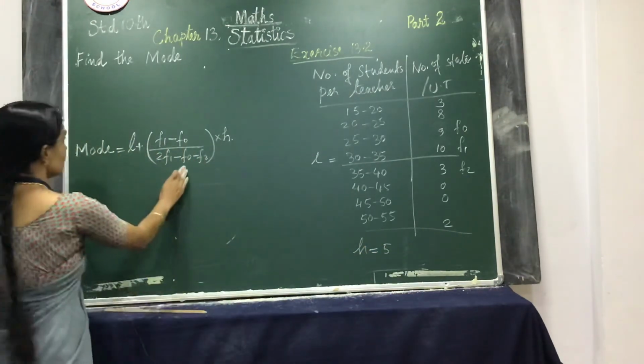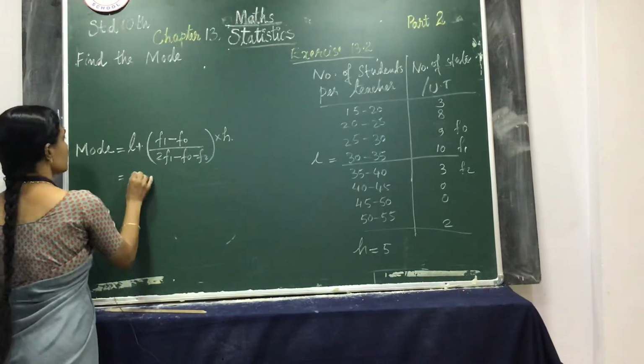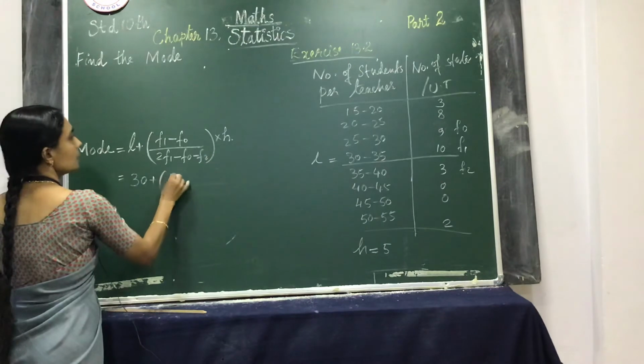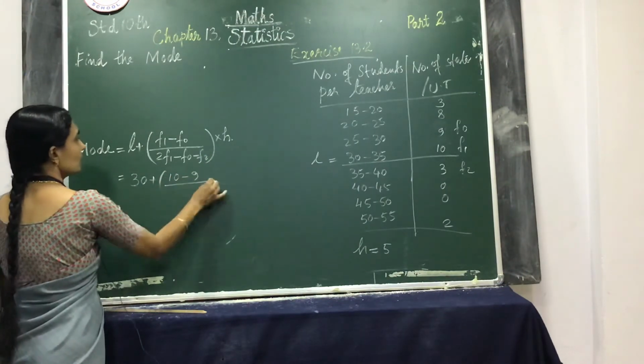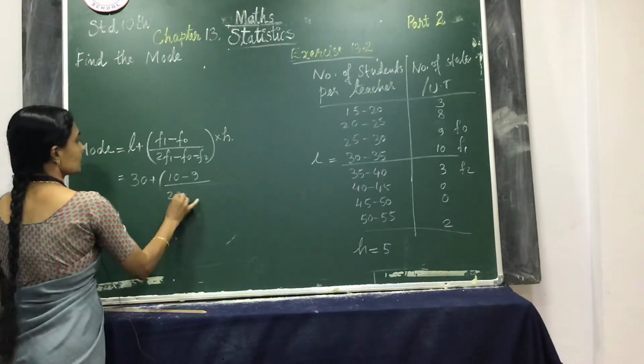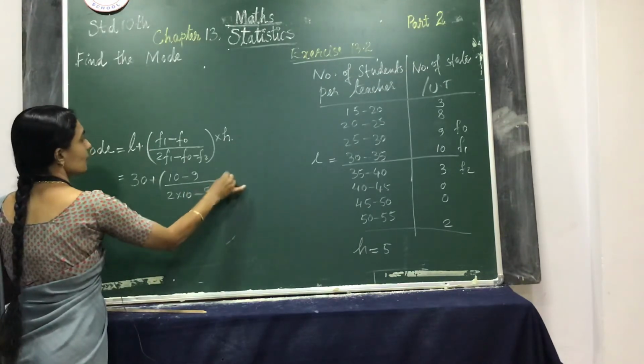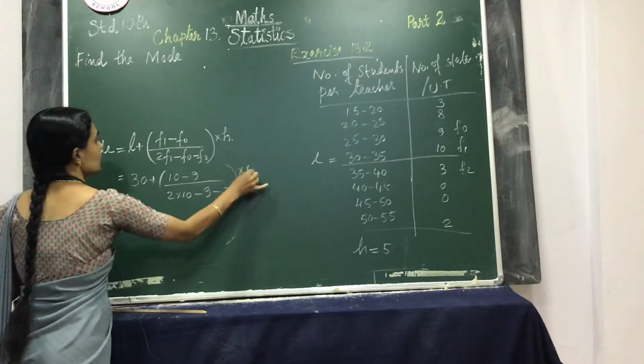So from the formula we have 30 plus (10 minus 9) divided by (2 into 10 minus 9 minus 3) multiplied by 5.